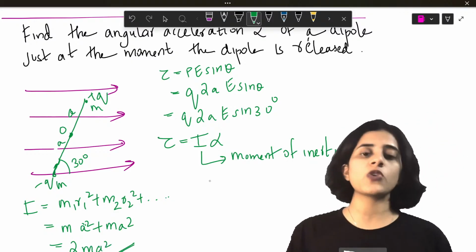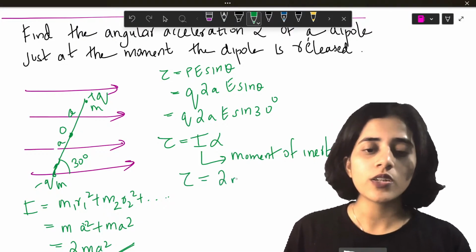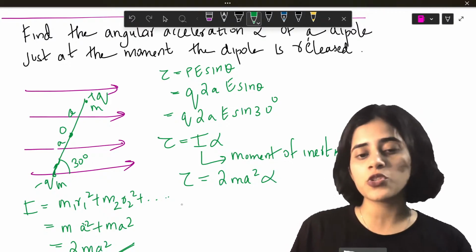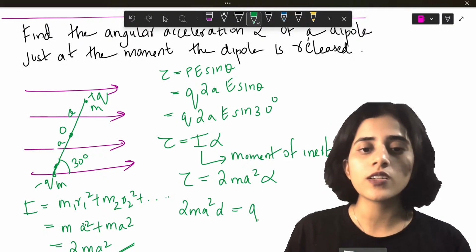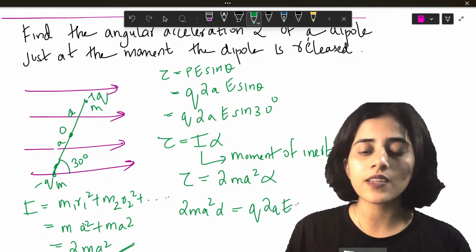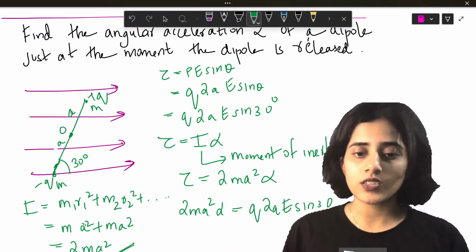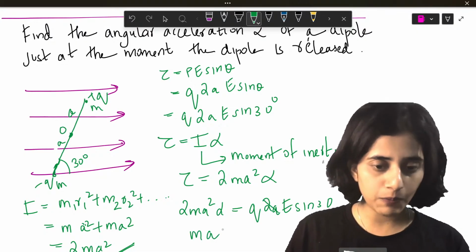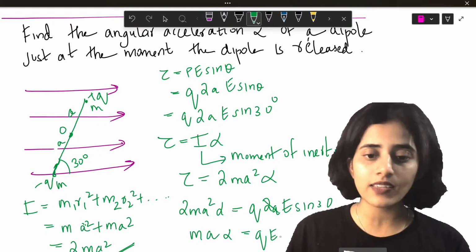This is first PUC. Okay. So torque will be equal to 2ma square into alpha. Now I will substitute that. So 2ma square into alpha should be equal to q 2a E sine 30. 2a will cancel. So what remains? ma alpha is equal to QE sine 30, which is 1 by 2.